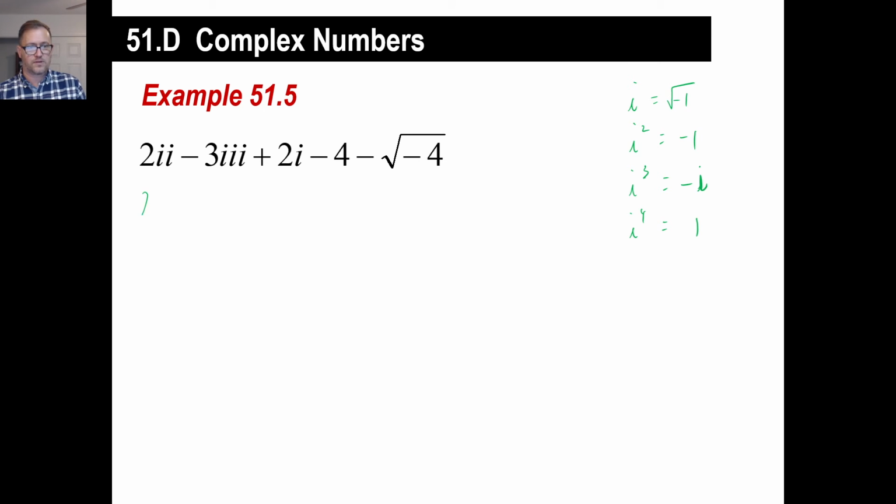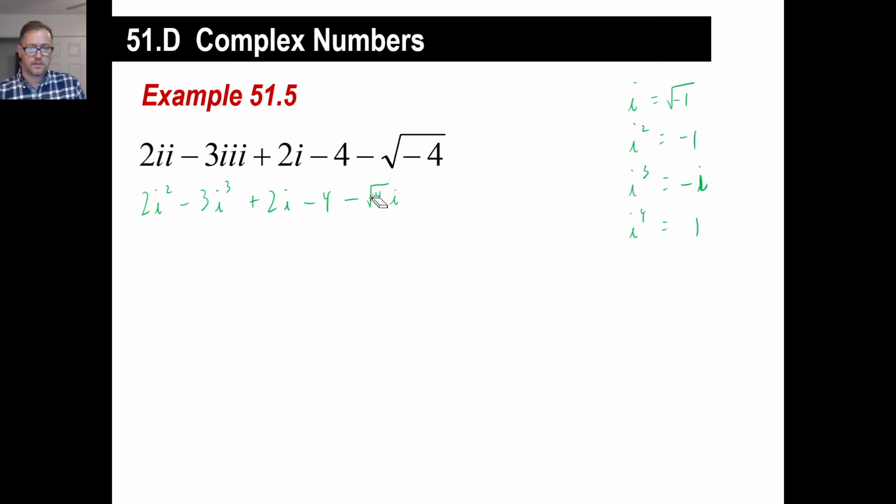We'll just call this 2i squared. We'll call this 3i to the third, and of course plus 2i minus 4 minus, you know what, let's just go ahead and take a step here. We'll go the square root of 4 times the square root of negative 1, which you know is i, right? So here's the square root of 4 and then i to the outside. Let's just go, the square root of 4, we know that's going to be 2.